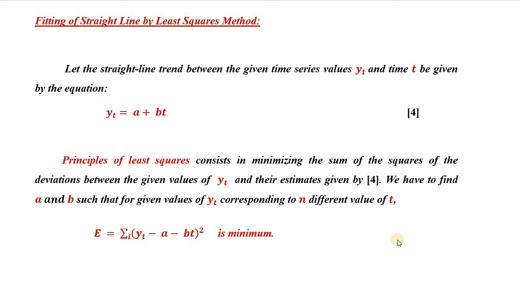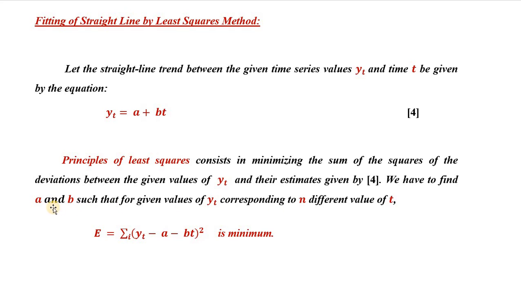Now, we are going to fit a straight line by the least squares method. Let the straight line trend between the given time series values yt and the time t be given by the equation yt equal to a plus bt. The principle of least squares consists in minimizing the sum of the squares of the deviations between the given values of yt and their estimates given by this equation yt equal to a plus bt.